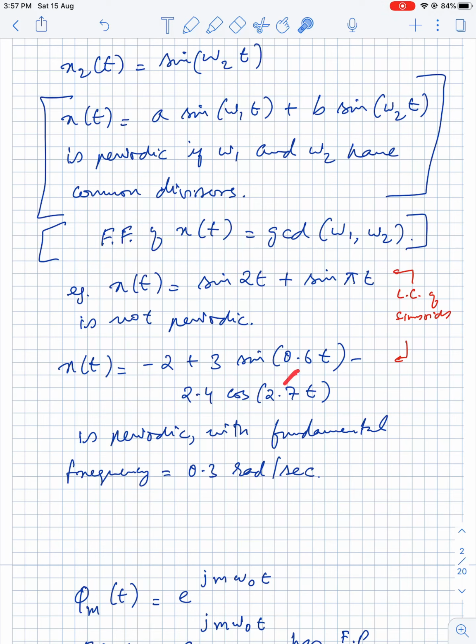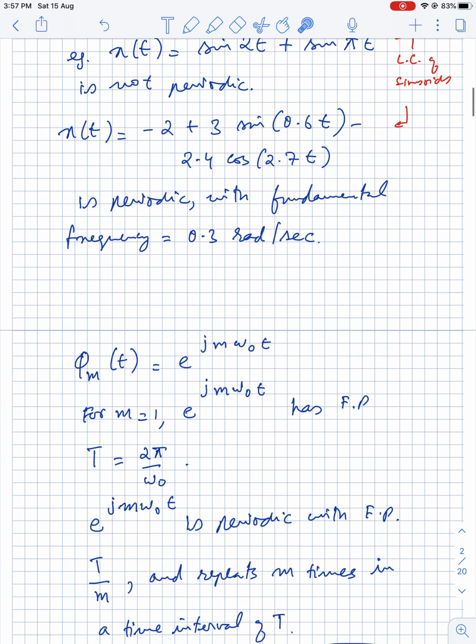They have a common divisor, which is 0.3, and so the fundamental frequency of x of t, which is now periodic because they have a common divisor, is the GCD, which is 0.3 radians per second. Just keep this in mind.